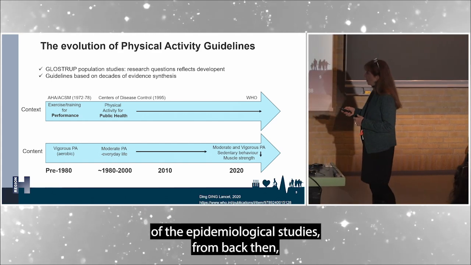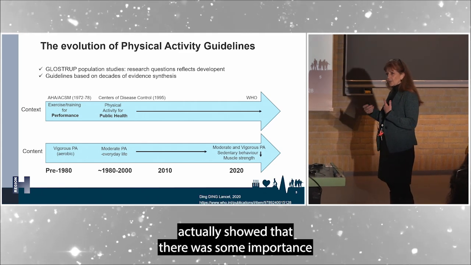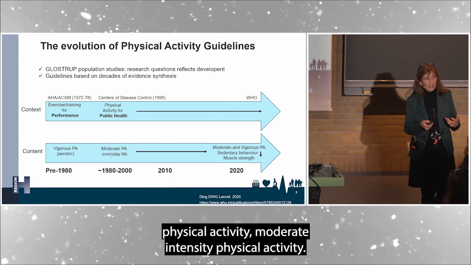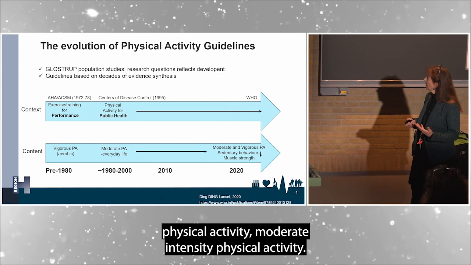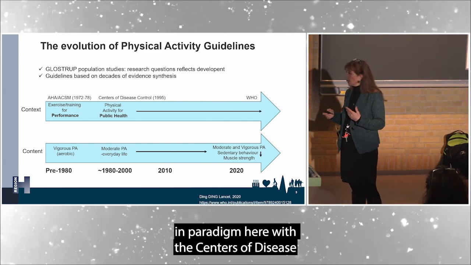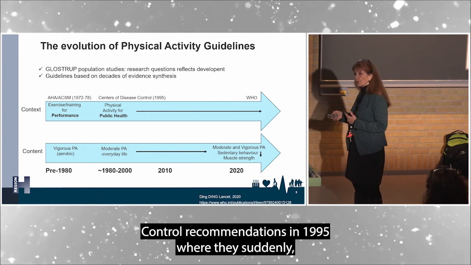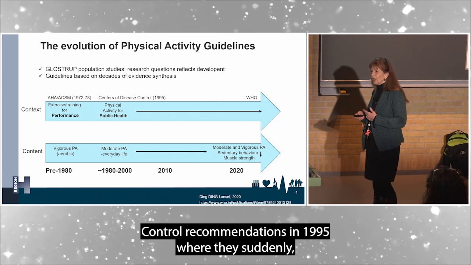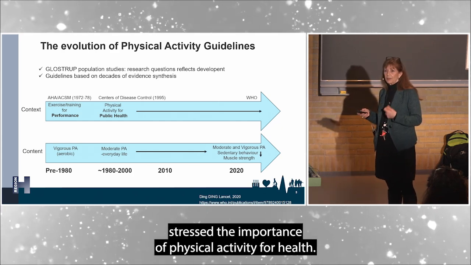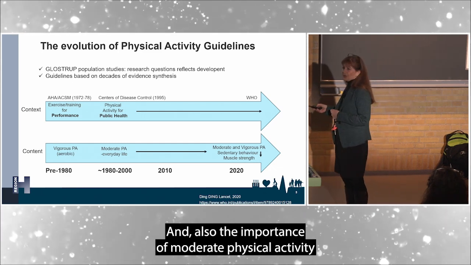But then a number of epidemiological studies from back then actually showed that there was some importance also in everyday physical activity, moderate intensity physical activity, and there was you can almost call it a shift in paradigm here with the Centers of Disease Control recommendations in 1995, where they suddenly stressed the importance of physical activity for health, and also the importance of moderate physical activity.